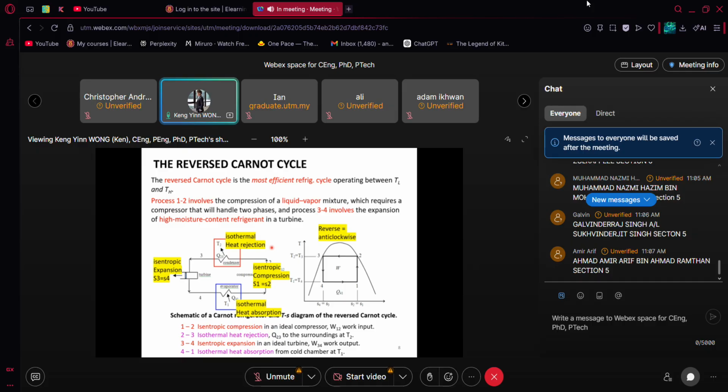And then isothermal rejection, that's why you can see here T2 same as T3, and the same with T1 same as T4. That's why it is a rectangular shape, moving in anti-clockwise direction.